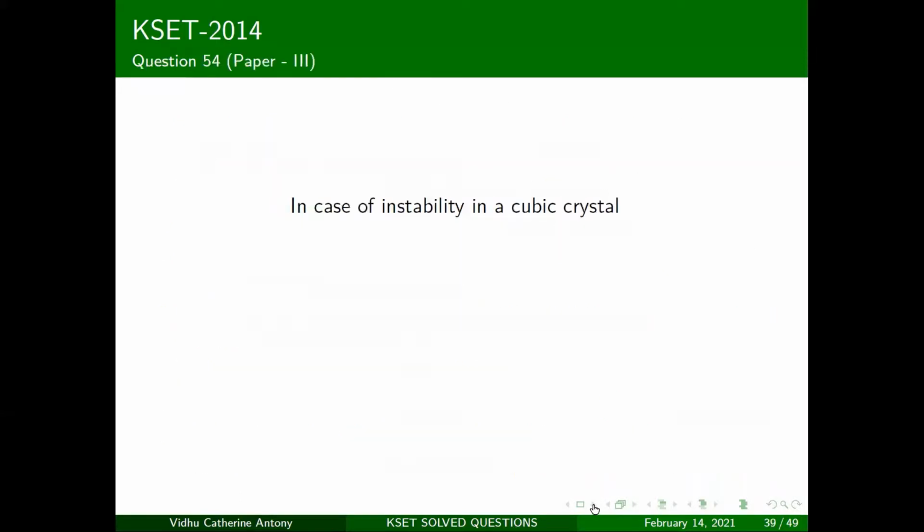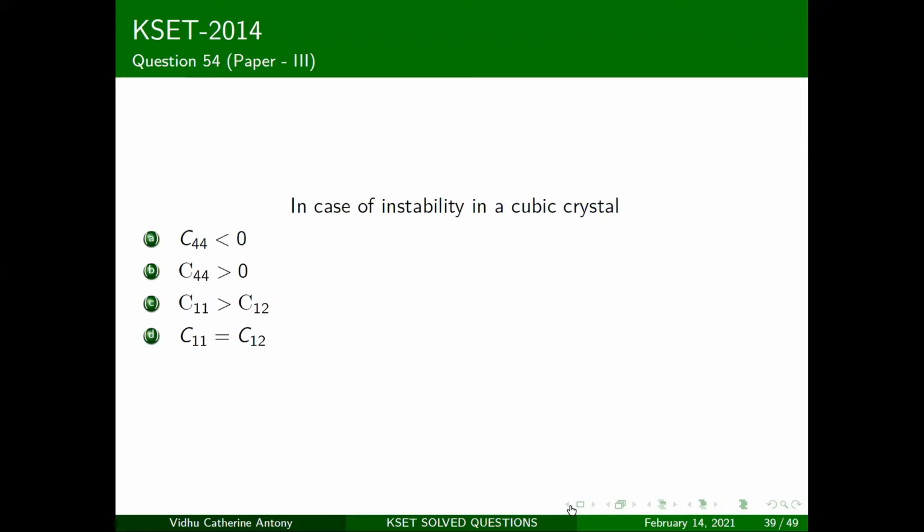Okay, so let's move to the second last question. Now, in case of instability of a cubic crystal, we've got a couple of parameters being shown. This requires a little bit more discussion in depth. Here we have C44 less than 0, C44 greater than 0, C11 greater than C12, and C11 equal to C12.